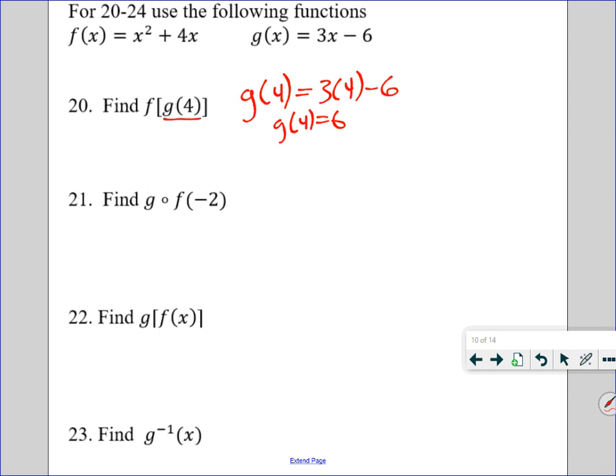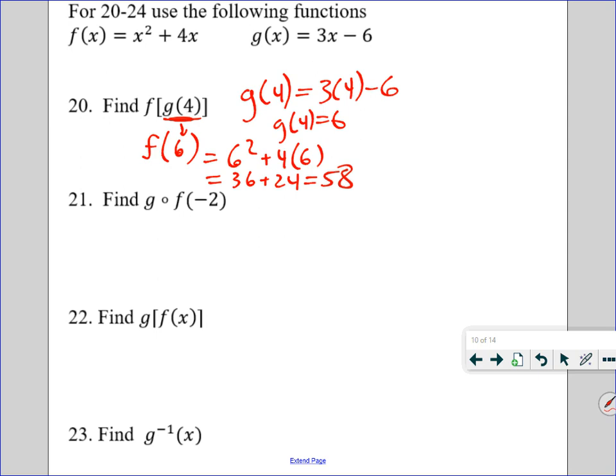So really, what they're asking for is f of 6, because g of 4 equals 6. And that'll be 6 squared plus 4 times 6, which is 36 plus 24, which is 58. Hopefully, sorry, that should be right.